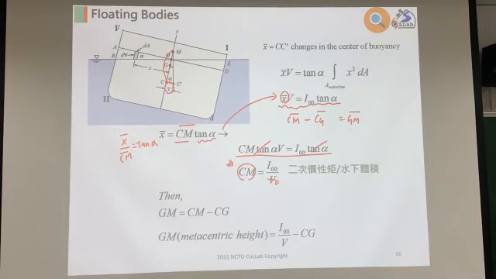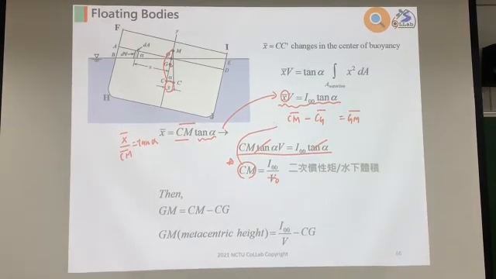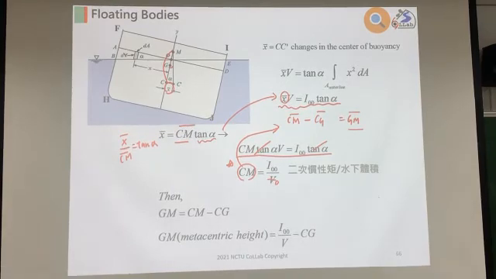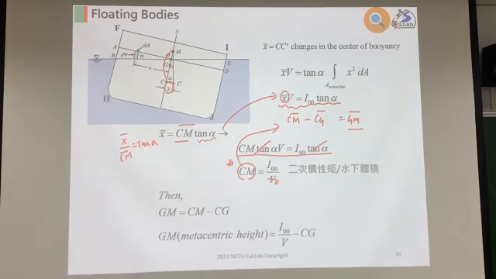Because if we have the CM distance and we want to predict the GM distance, then based on the GM value we can predict the stability problem of the ship. Even if you cannot understand the equations and the proof I showed before, you need to keep in mind the final equations.